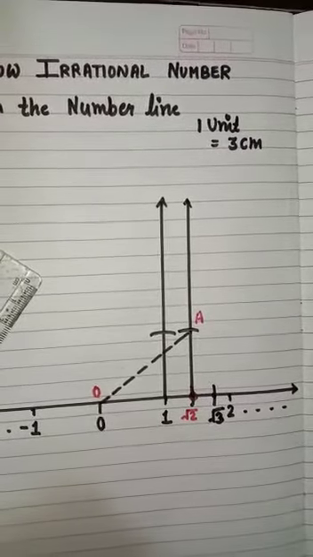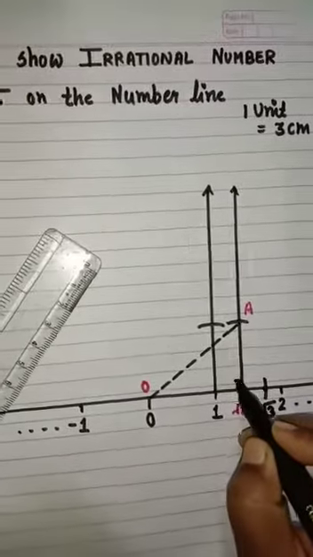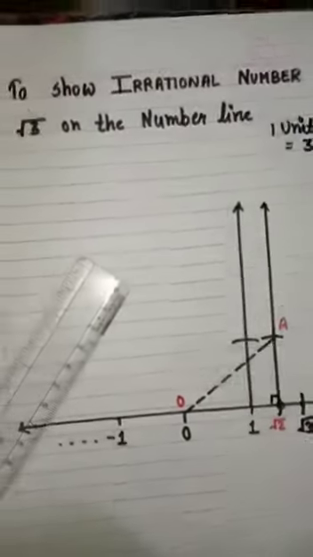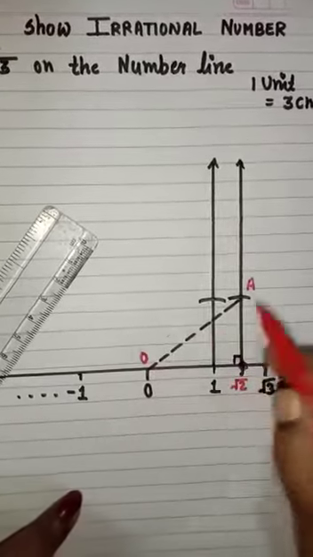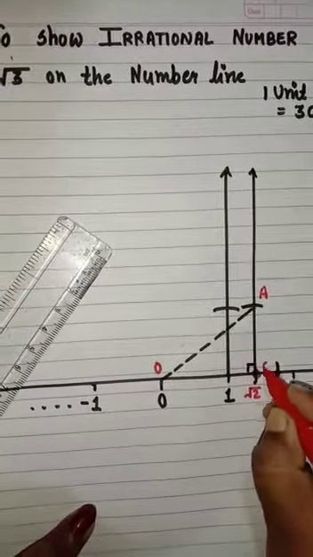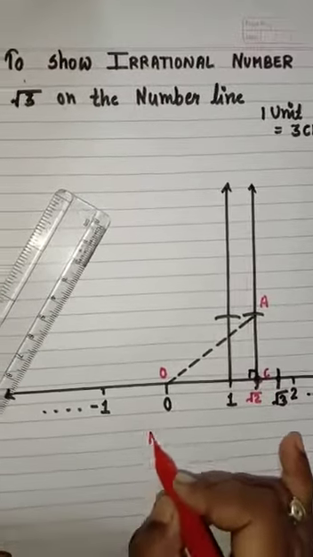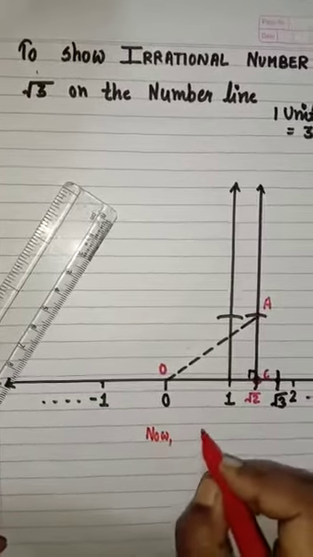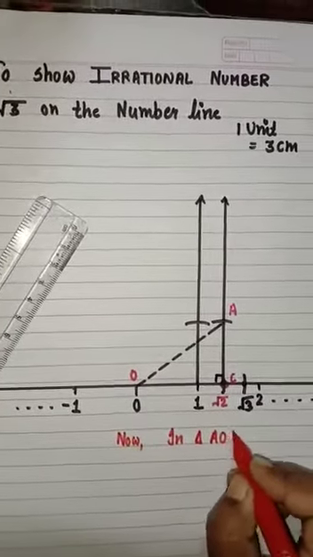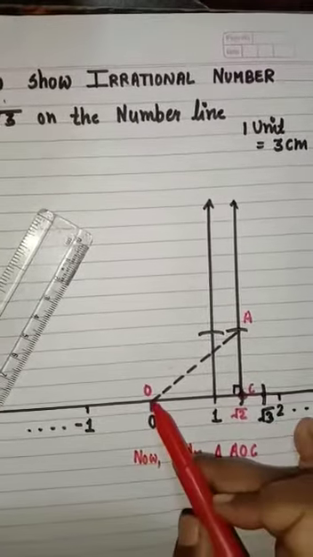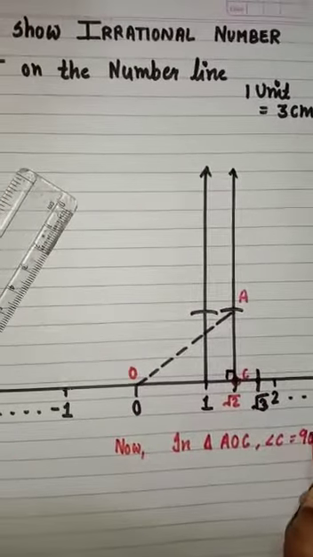Now we'll see the explanation. This is a perpendicular, so it must be 90 degrees. Now I will give a name here also, C. In triangle AOC, angle C is equal to 90 degrees.